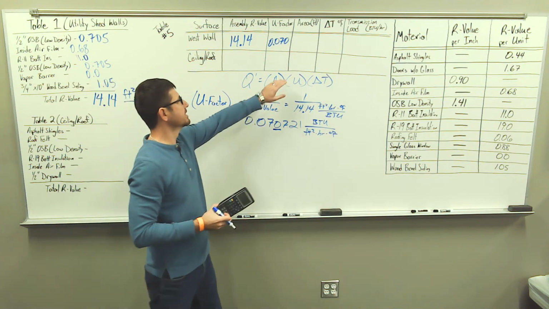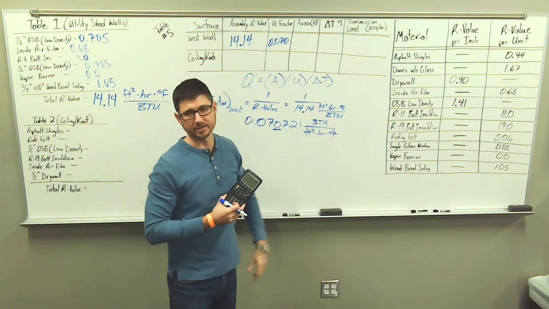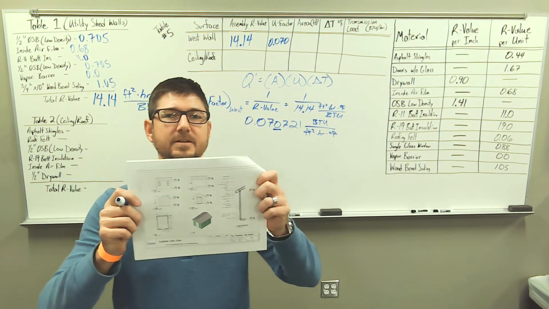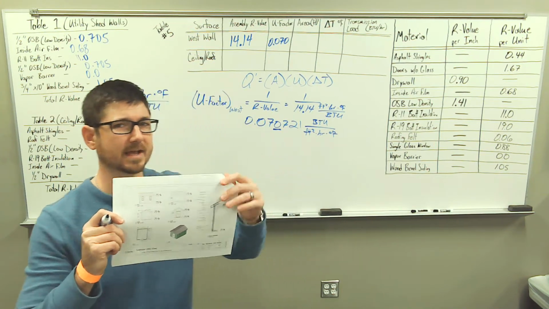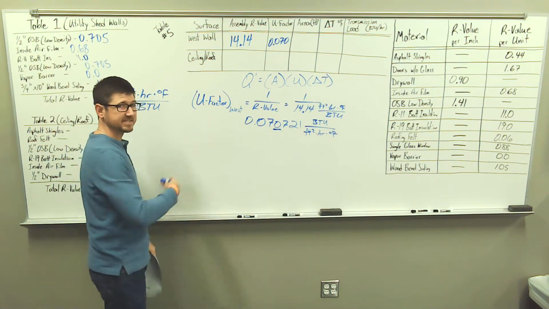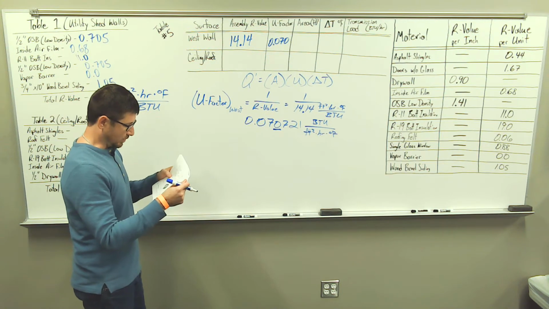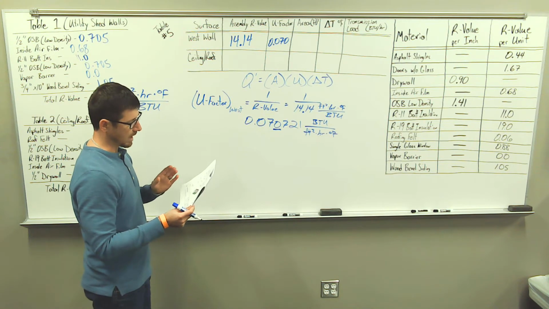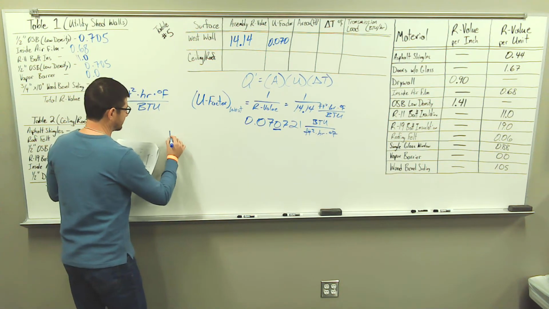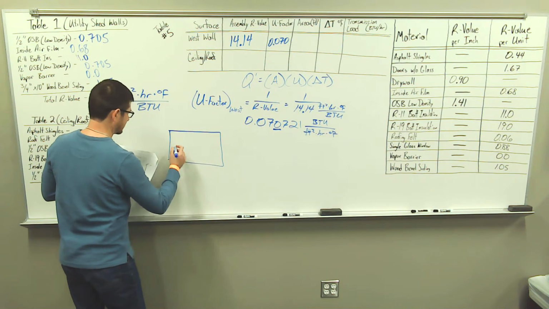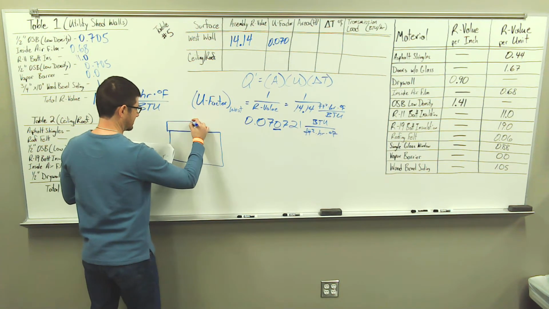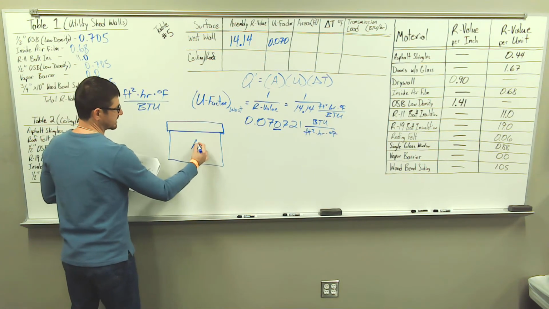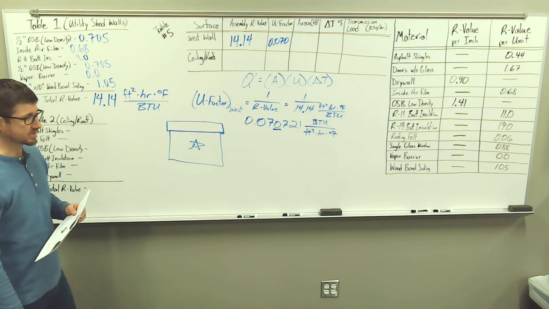Now, for the area in square feet, let's turn to page 5. We're going to take a look at the west elevation, which is in the top row in the right column. We have a picture here, and our overhang there, but what we're interested in is the west wall.